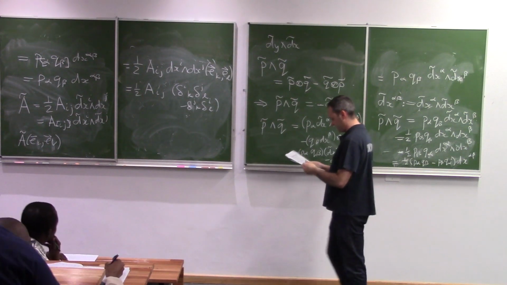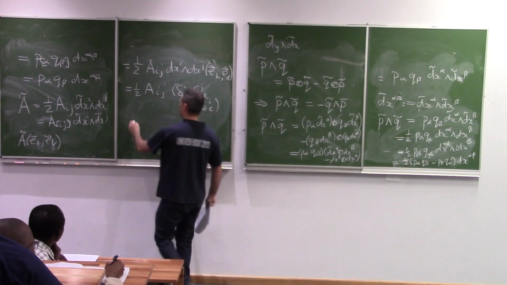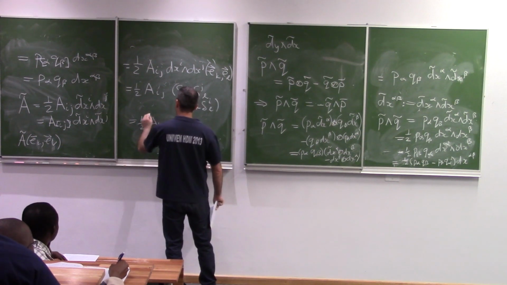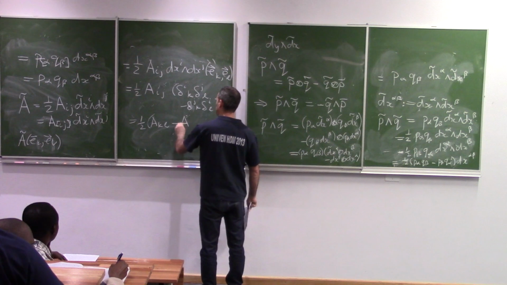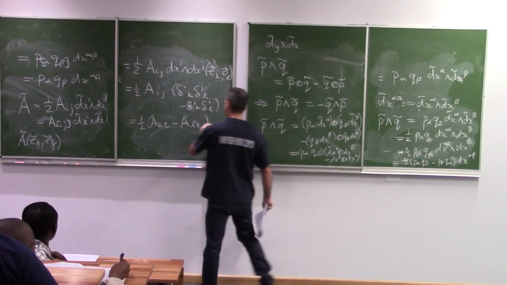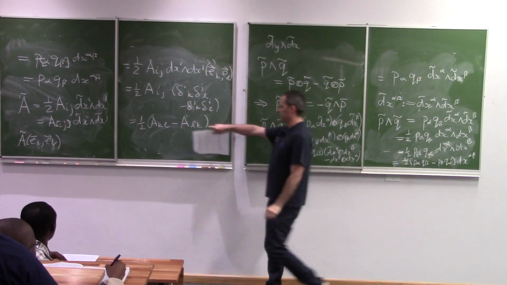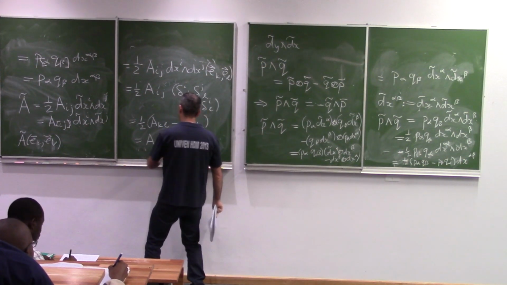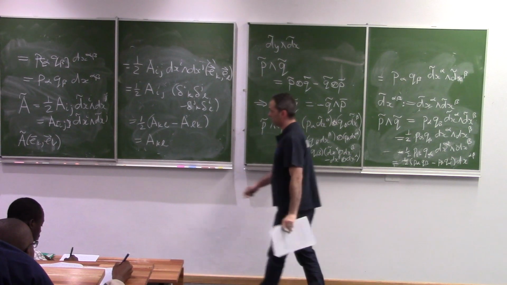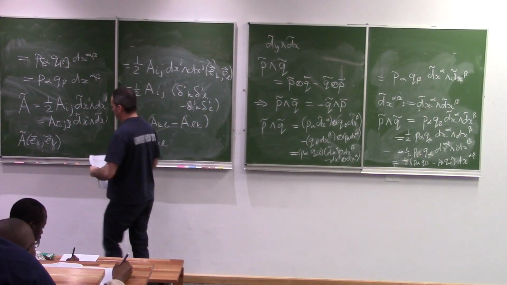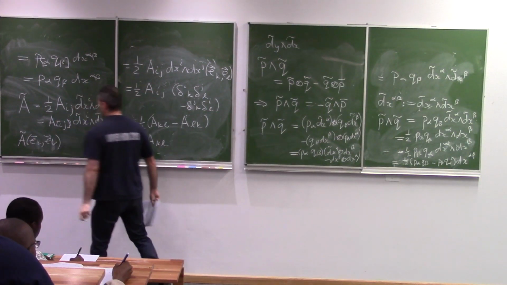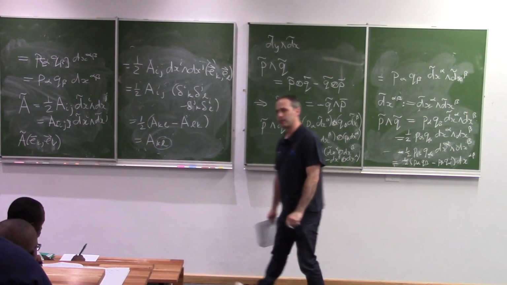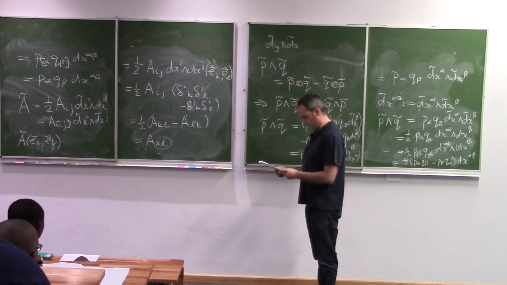So carrying out that sum, I get 1/2 A_kl minus 1/2 A_lk. And the object is antisymmetric in its indices, so that's equal to A_kl. Okay, so that's the right way of writing a two form. When I feed it those two basis vectors, I get the kl components. That's how I define the components.